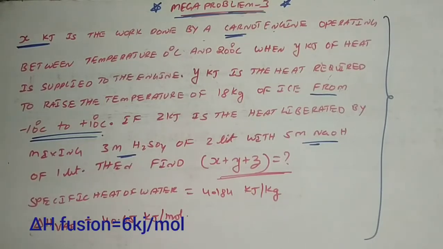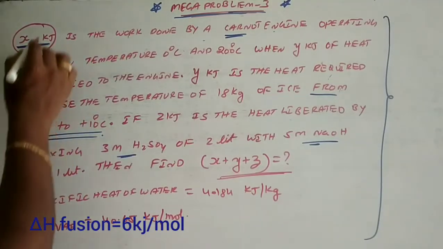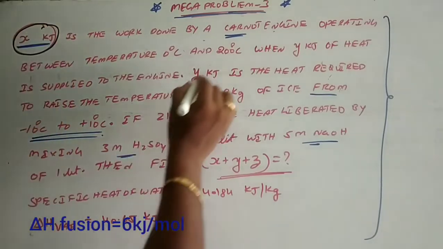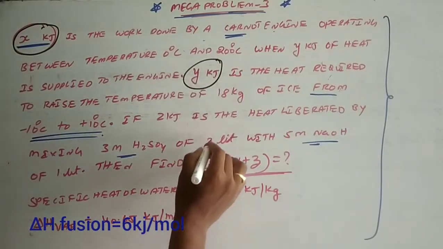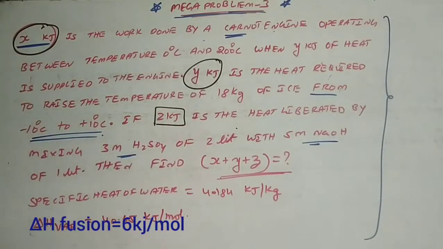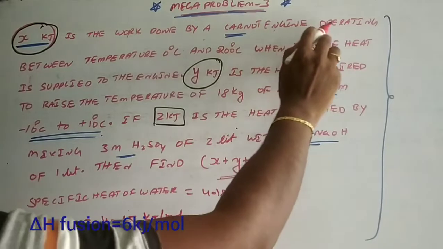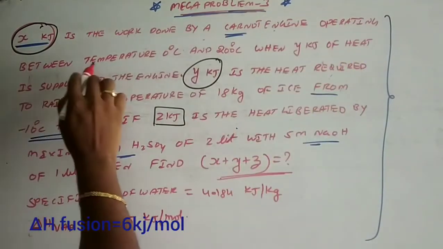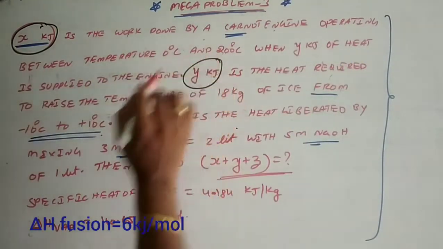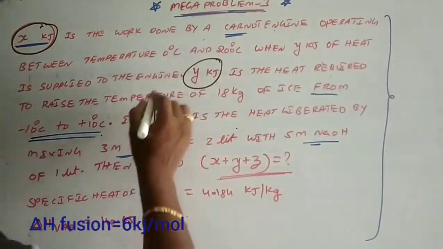Here our challenge is we have to find X, Y and Z. So let me divide the problem. X kilojoules is the work done by a Carnot engine operating between 0 degrees and 200 degrees centigrade when Y kilojoules of heat is supplied.